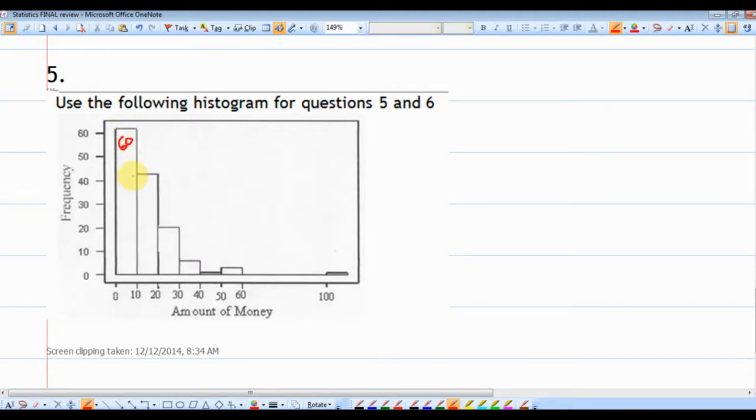This looks like about 43. This looks like about 20. This looks like about 7, 1, 3. Oh, there's, looks like 1.